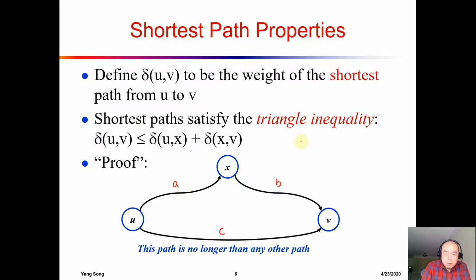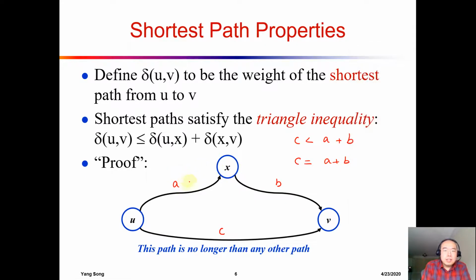and C, so if C is smaller than A plus B, what does that mean? This means if we want to go from U to V, we should take C, because C is shorter than the sum of A and B. So we are not going to take U to X and X to V, because A plus B is higher than C. Or another case, how about C equals A plus B?